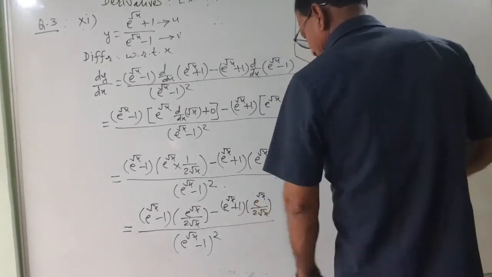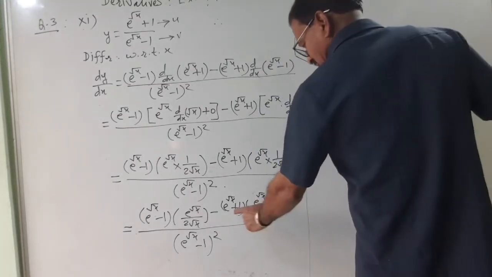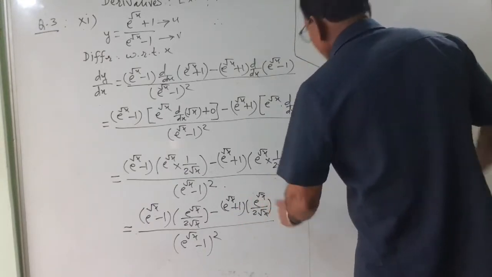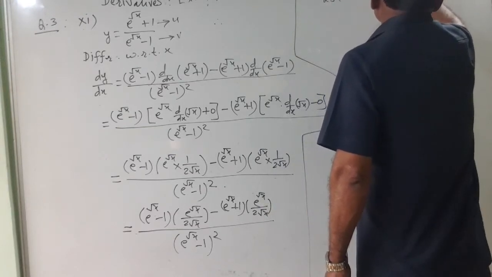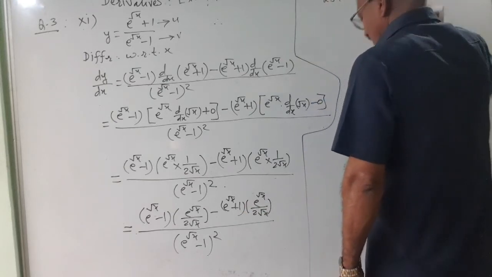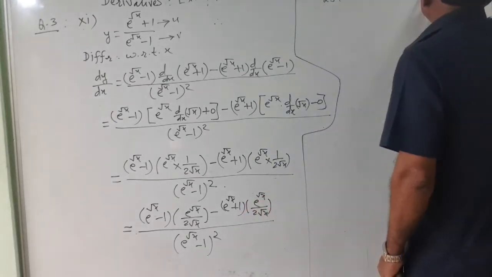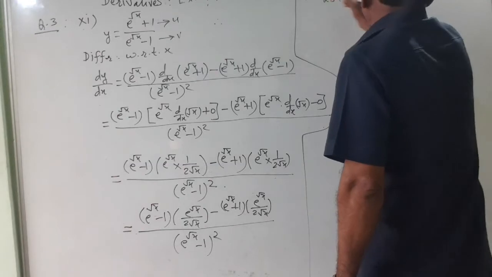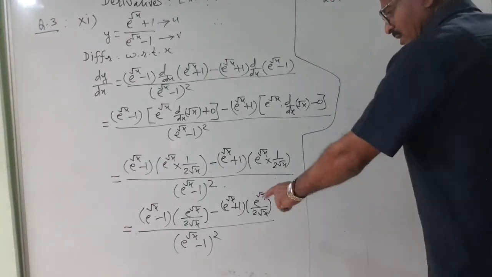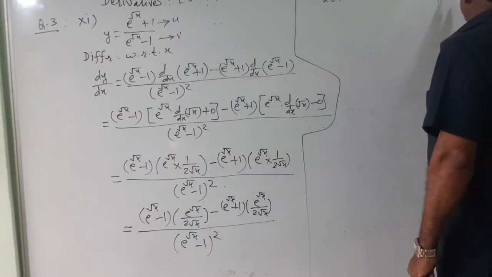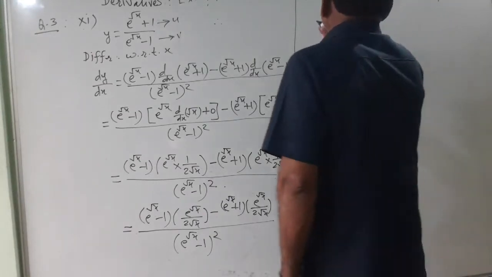Now by this is minus e^√x into e^√x, it is (e^√x) square. Now this is by plus 1, plus by 1 nothing happens, e^√x upon 2 root x. And this whole upon (e^√x − 1) whole square.